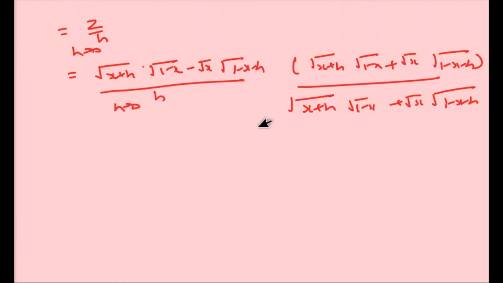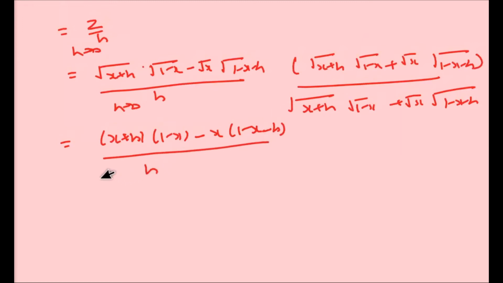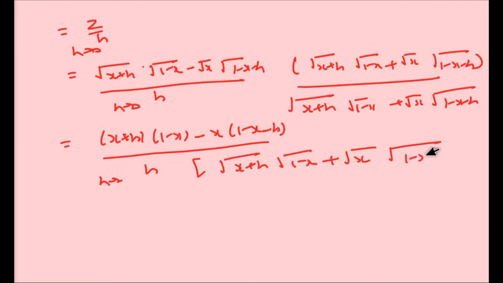So we have a minus b times a plus b. Using the formula a square minus b square, what do we get now? We get (x plus h)(1 minus x) minus x(1 minus x minus h), upon h times the sum of roots, h tends towards 0.